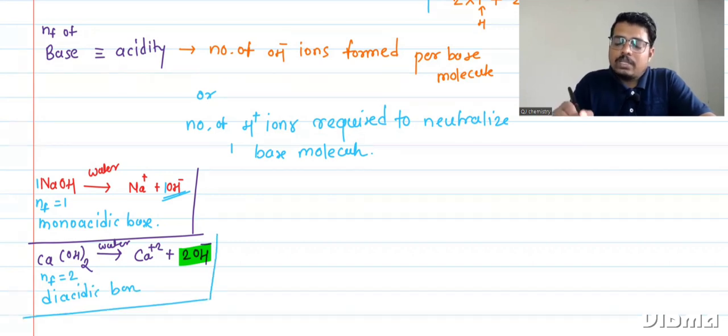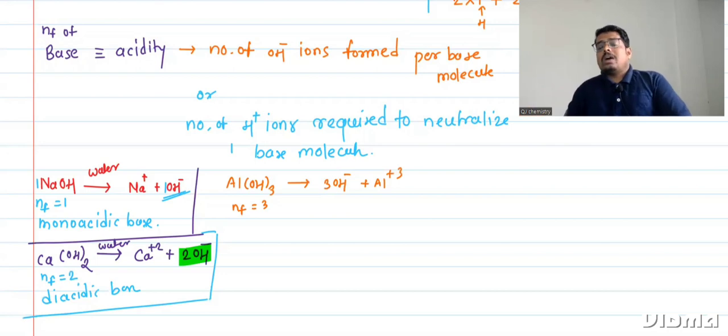Similarly, next example is aluminium hydroxide. It will give 3 OH minus ions, 3 OH minus plus Al3 plus, so its N factor is equal to 3. So aluminium hydroxide is known as a triacidic base.